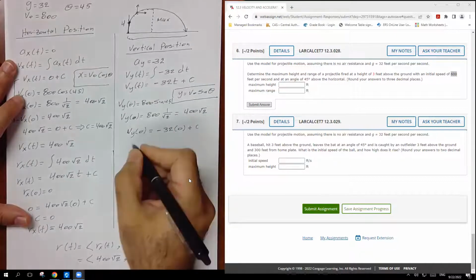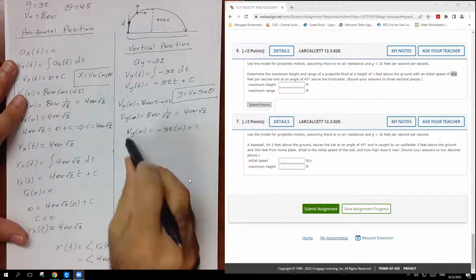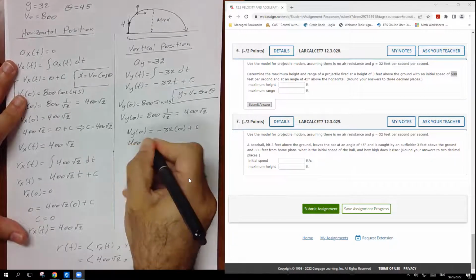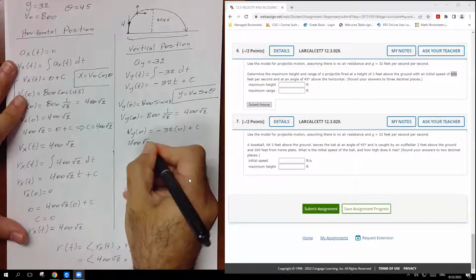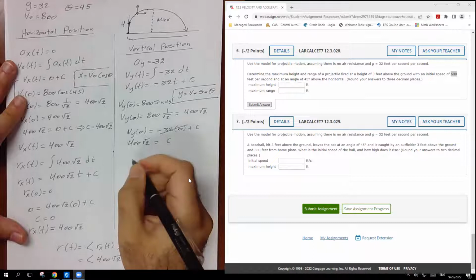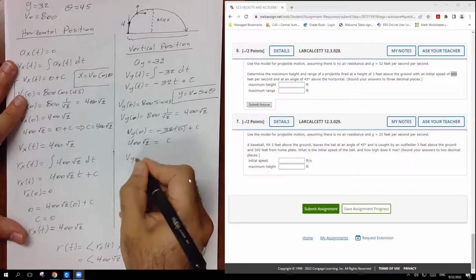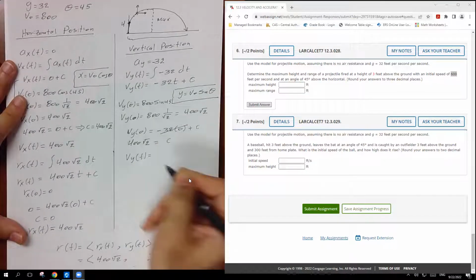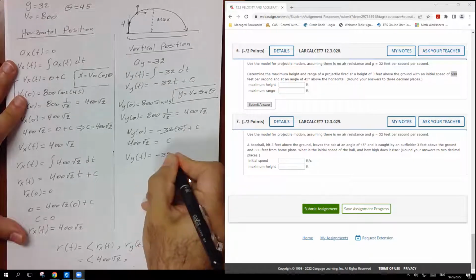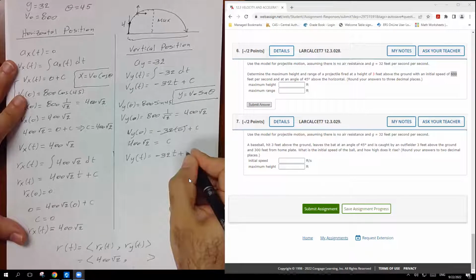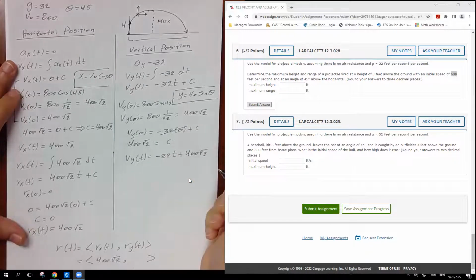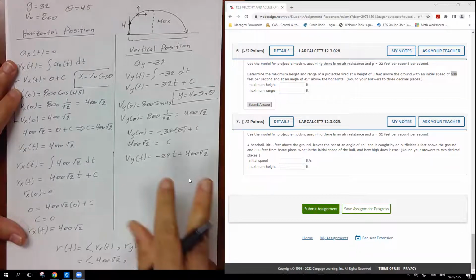That means v sub y at 0, which is 400 square root of 2, equals c, because this cancels. So here is the value of c. That means v sub y with respect to t is going to equal negative 32t plus 400 square root of 2. Now this is the velocity with respect to t.